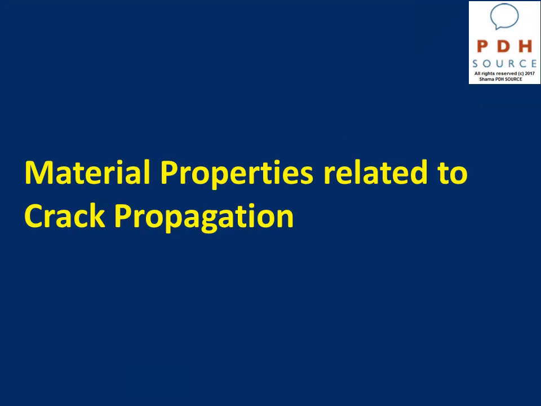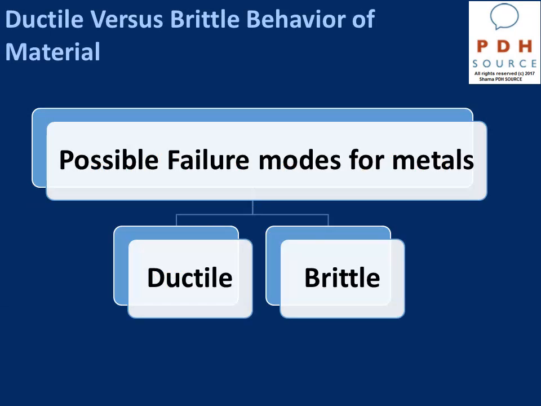Let me start with material properties related to crack propagation. There are two possible failure modes for metals: ductile failure and brittle failure. This classification is based on the ability of a material to experience plastic deformation.